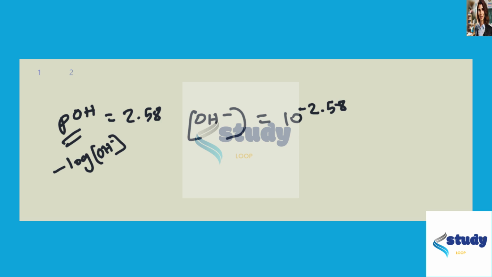If we just solve it, we'll find the value as 2.63 times 10 to the power minus 3 molar. So this is the initial concentration for hydroxide ion.